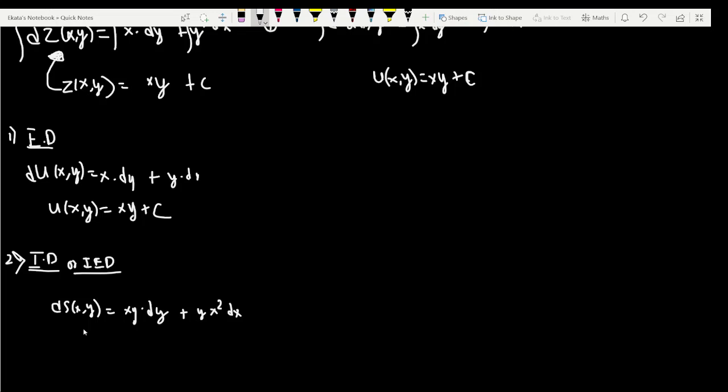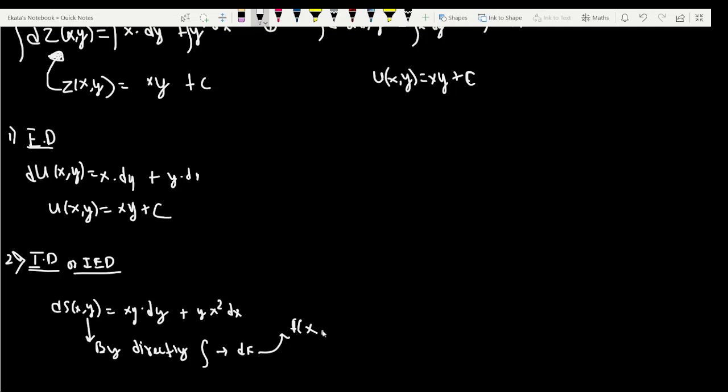So it means this type of differential is known as inexact, in which by directly integrating the particular differential df, you can't get the particular function f of xy.